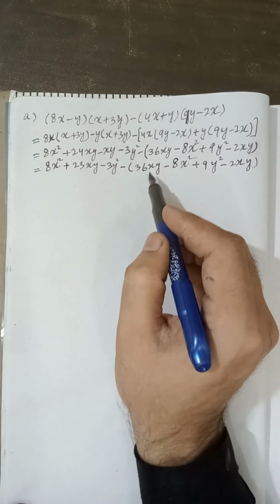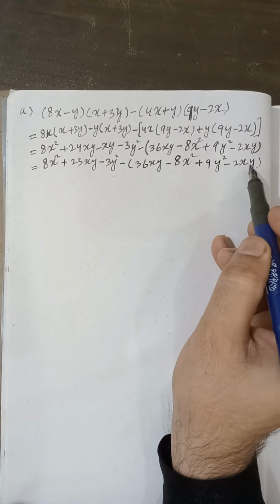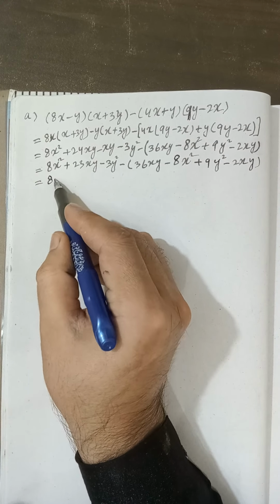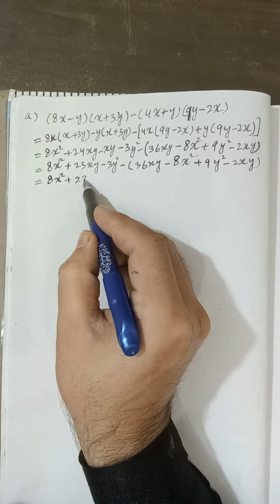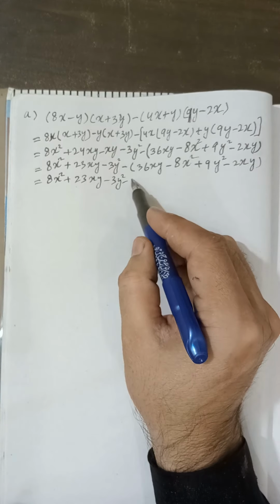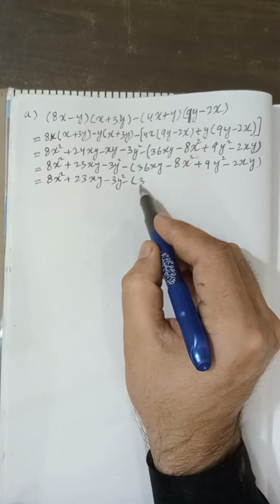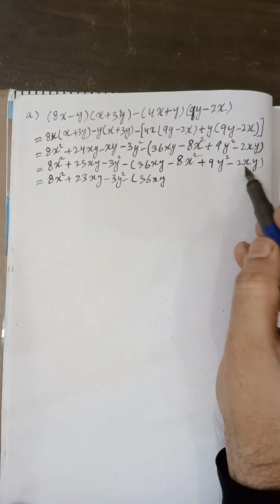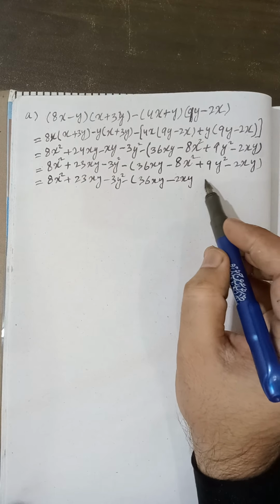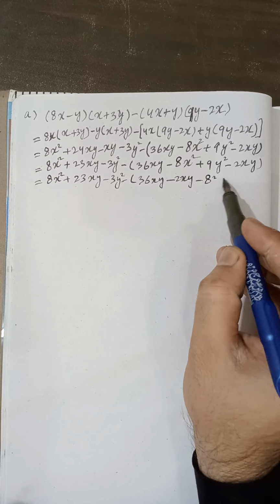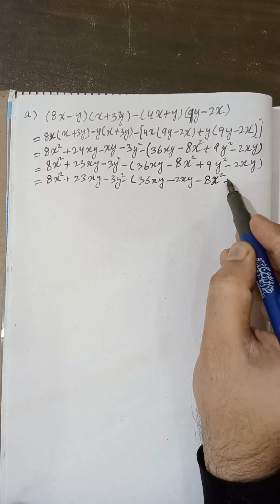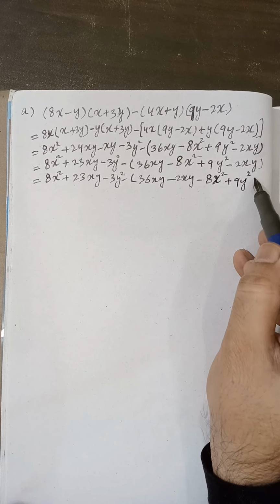Now you should remove the bracket, although you can solve these in the smaller bracket, and you can also remove the bracket in this step. Let us solve these. Here 36xy and this minus 2xy is here, then minus 8x square, this one, and plus 9y square.